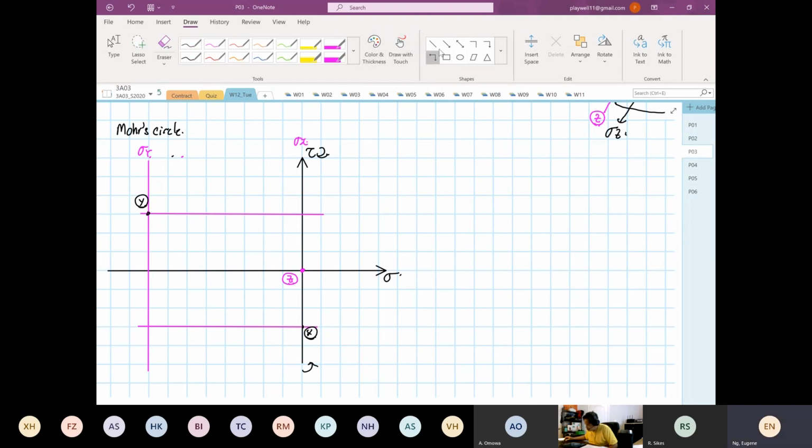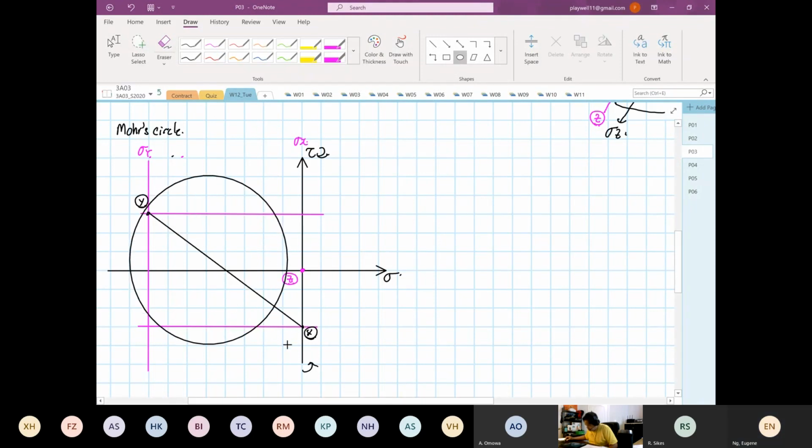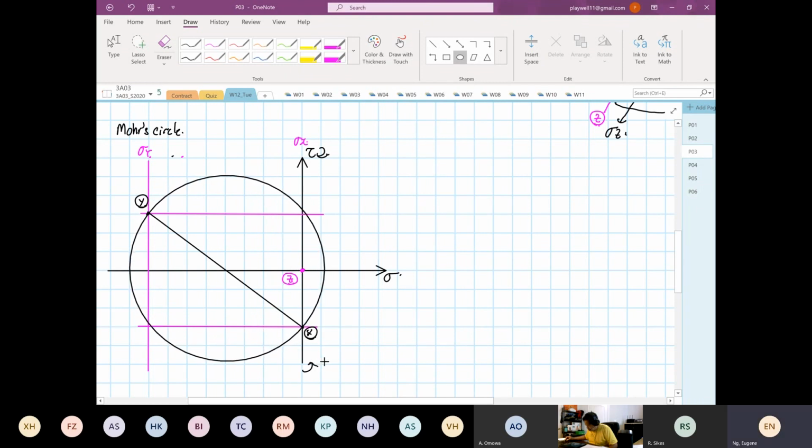So we draw a straight line first. Then this is our Mohr circle. Okay, so this is our Mohr circle. So our stress average here, right?